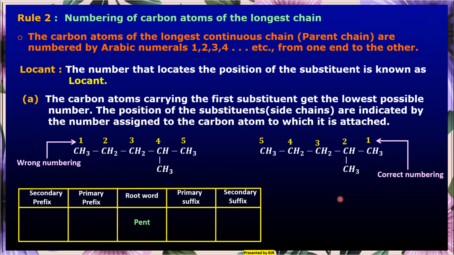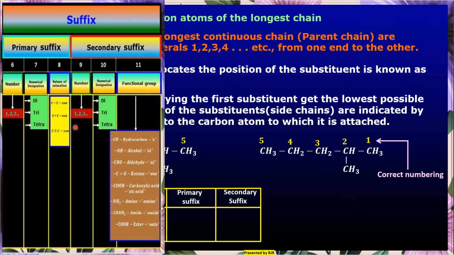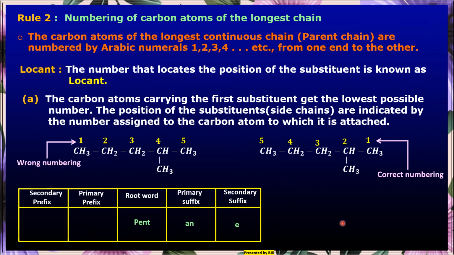Next, what is the primary suffix? In this carbon chain only single bonds are there, so the primary suffix is an, and the secondary suffix is e, because only carbon and hydrogen atoms are there, no other atoms are present in this molecule.